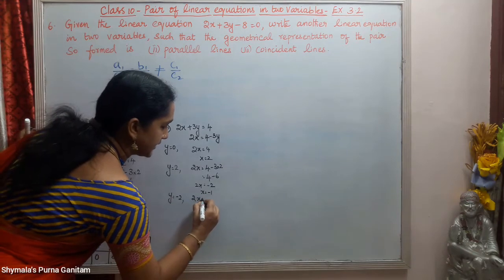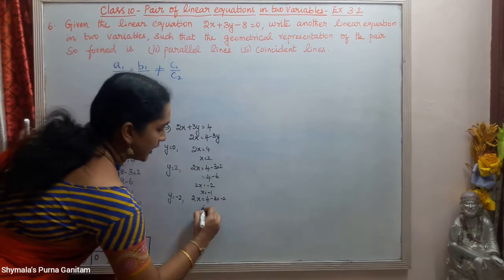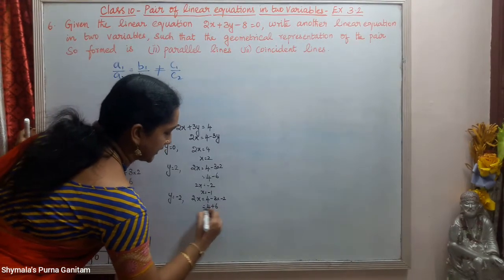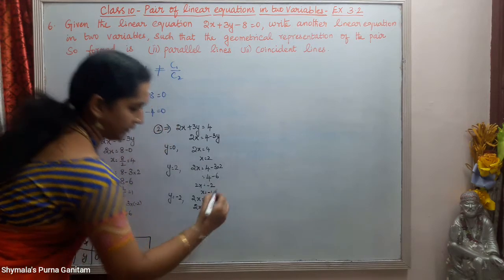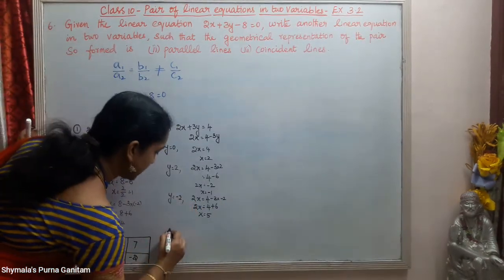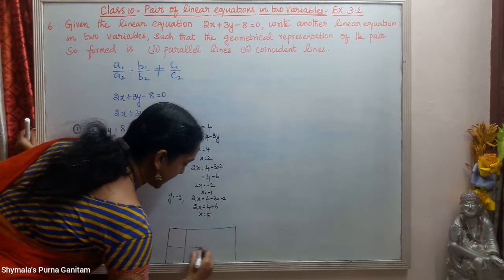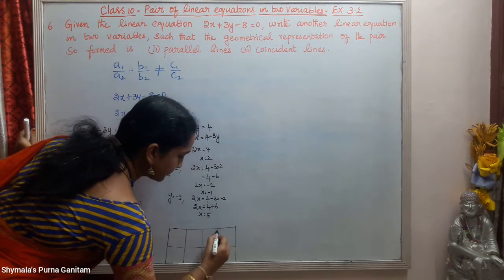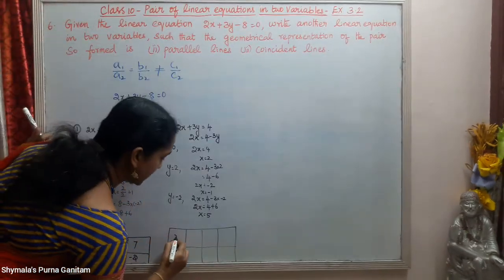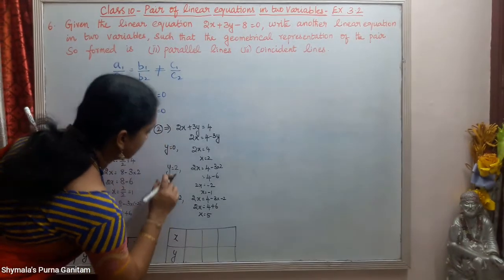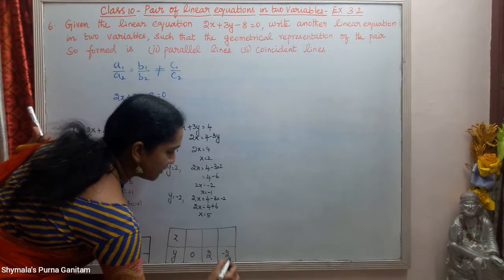Then y is equal to minus 2. So 2x is equal to 4 minus 3 into minus 2. So I will get 4 plus 6. 2x is equal to 10. So x is equal to 5. Okay. So the same thing, a tabular column. I am substituting all these x and y values in the tabular column. So y values I have taken as 0, 2 and minus 2.